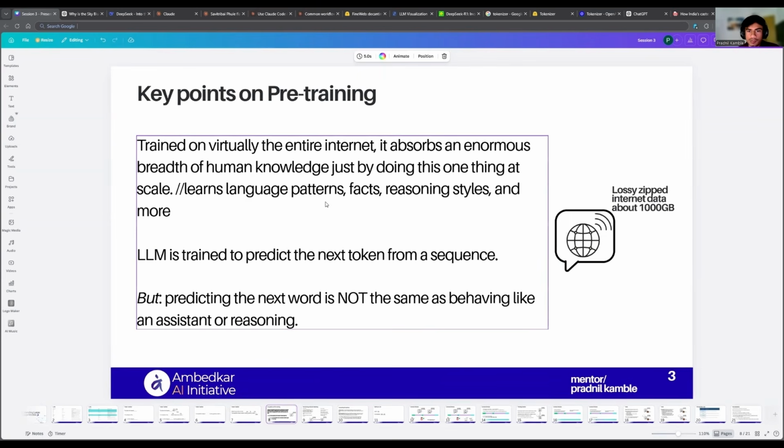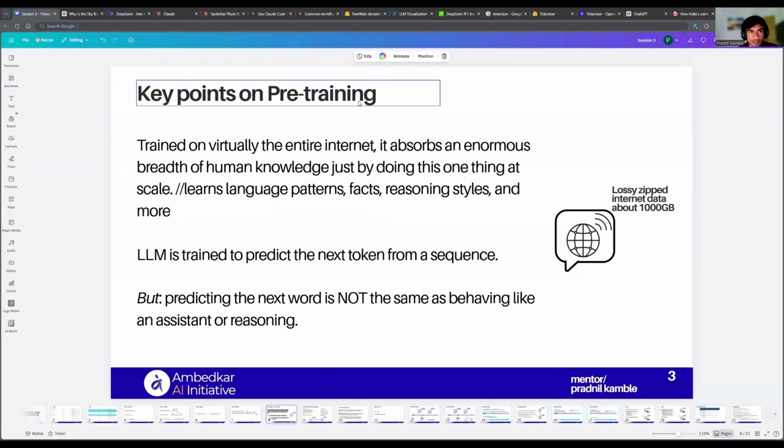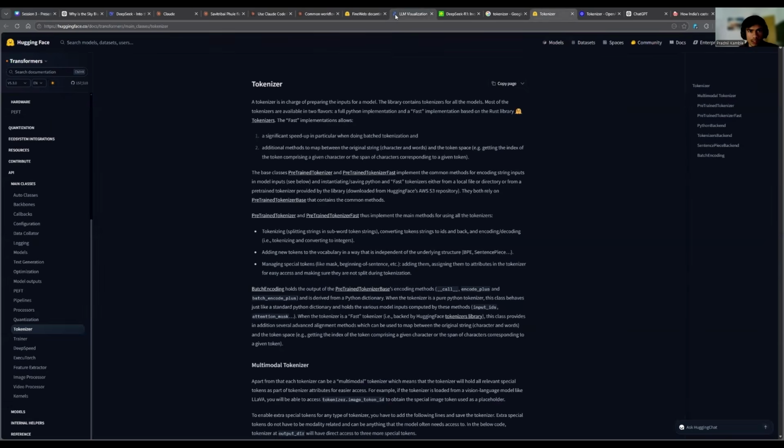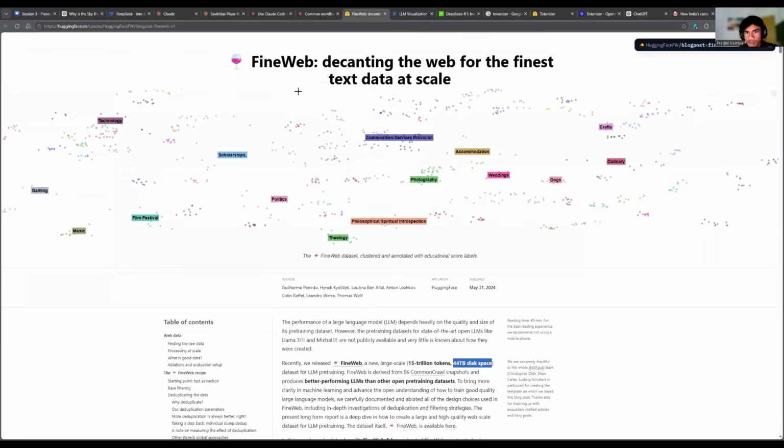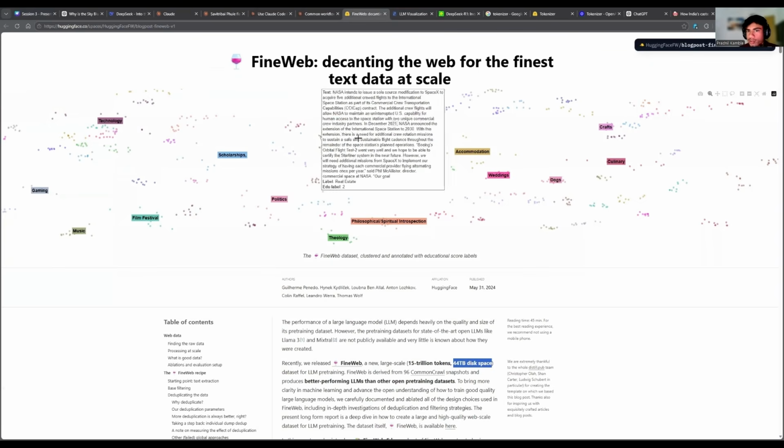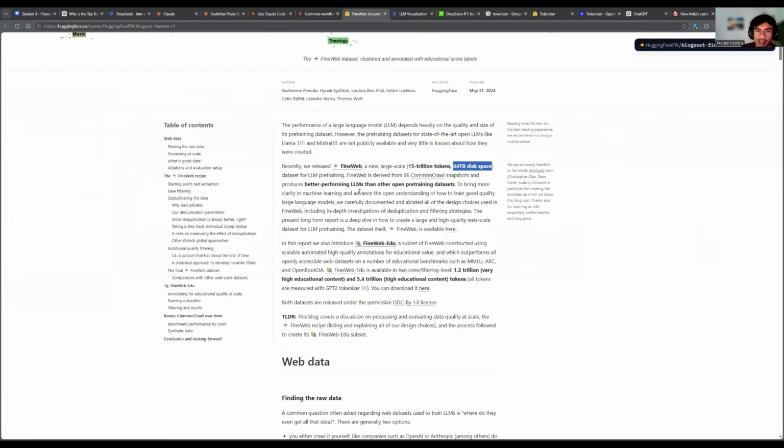So here the model is fed this huge internet data. In the case of ChatGPT, of course, they have their own data set. But to explore something of your own, to check the existing data sets, you can definitely go through this website and understand how LLMs are trained and what type of data set is there.